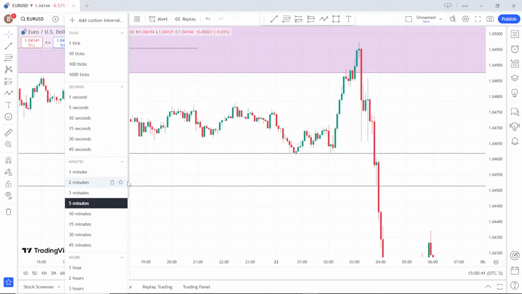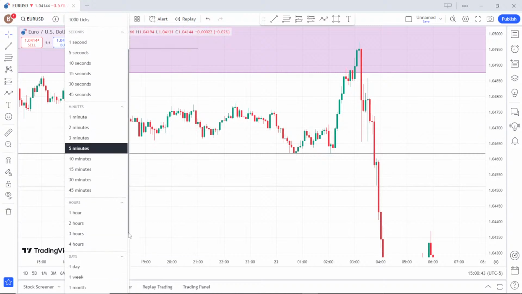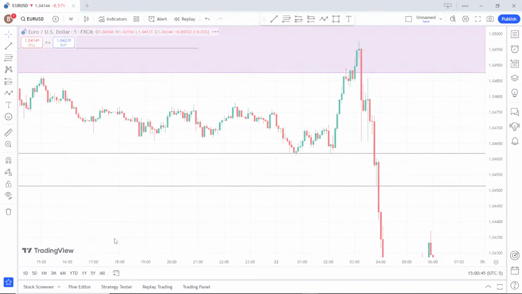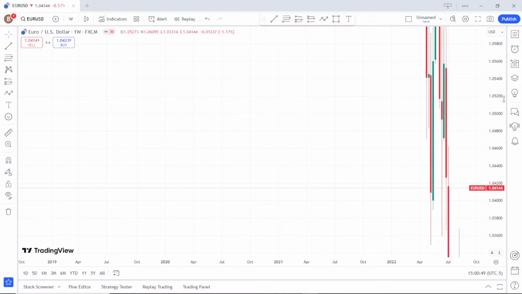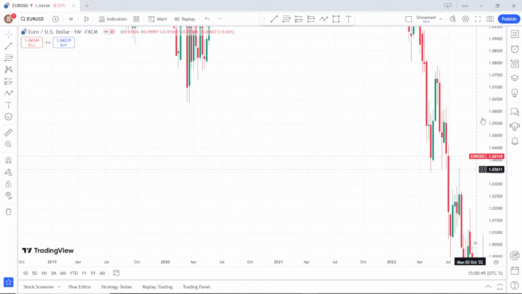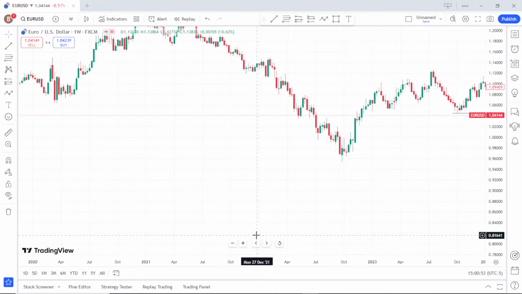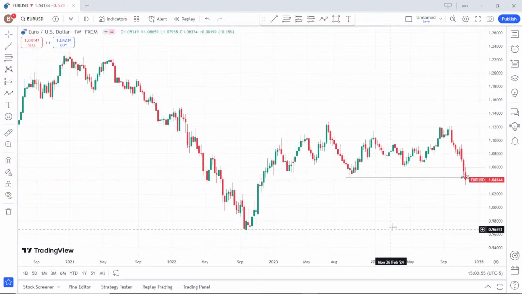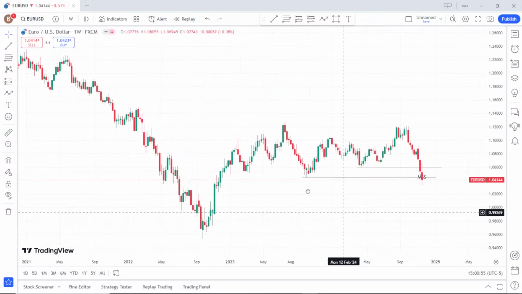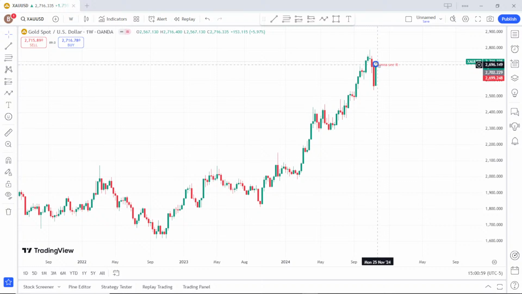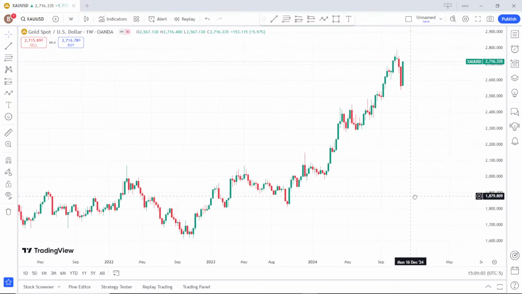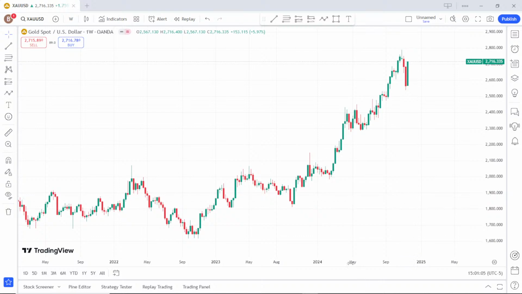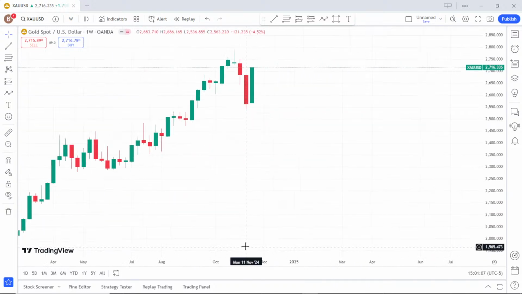If we go back to the weekly and then look at gold. This is where I really traded for the week. I really traded gold because gold was just giving me exactly what I wanted.